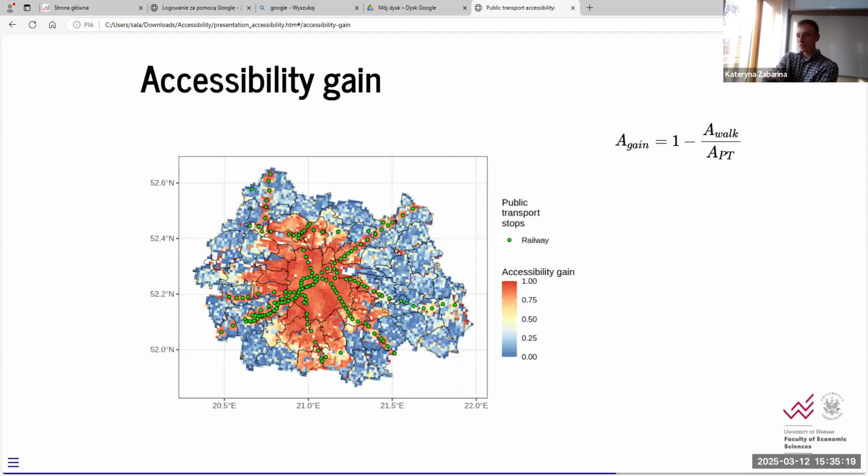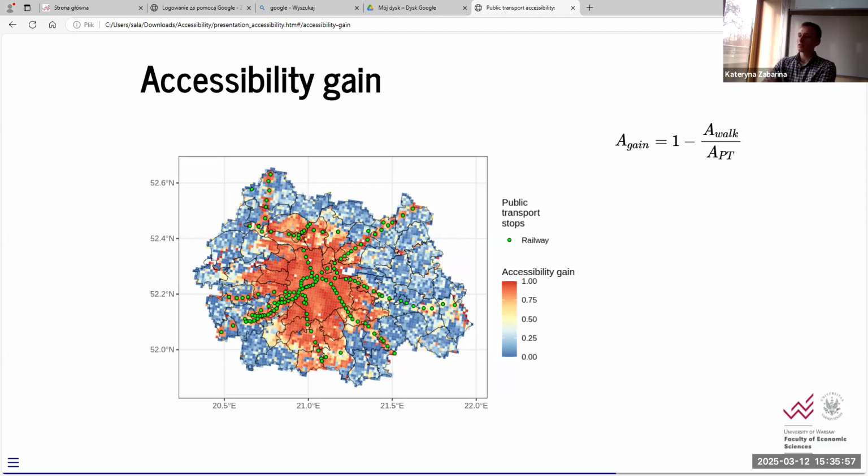And what I also decided to compute is the gain of accessibility, because we may think that, okay, I computed public transport accessibility, but for some very dense areas, the accessibility is high even when you're walking. So I computed the A walk, the accessibility only when you are walking, and accessibility with public transport.